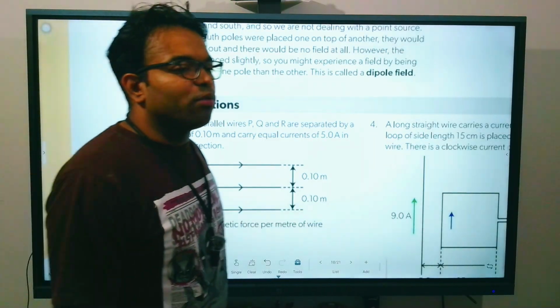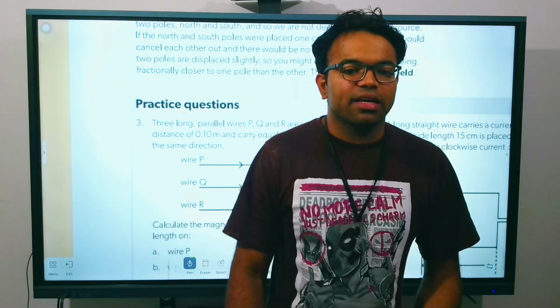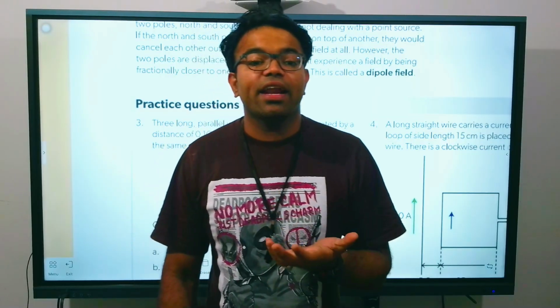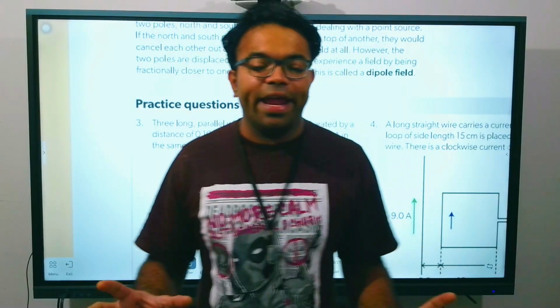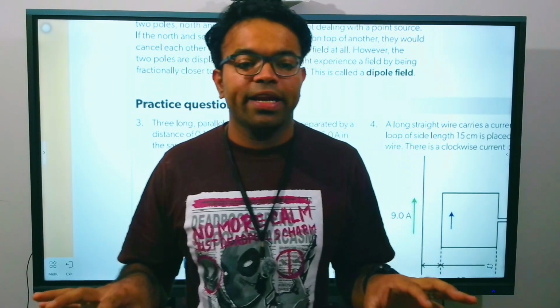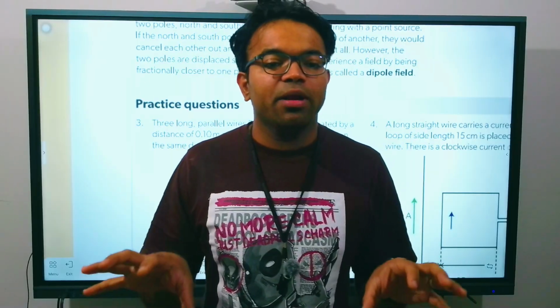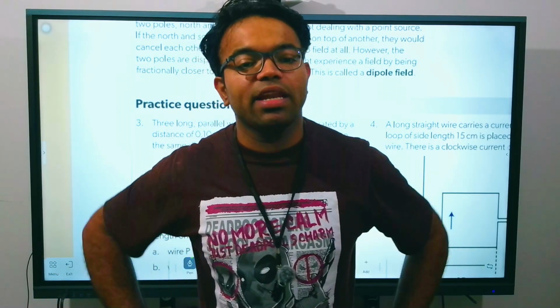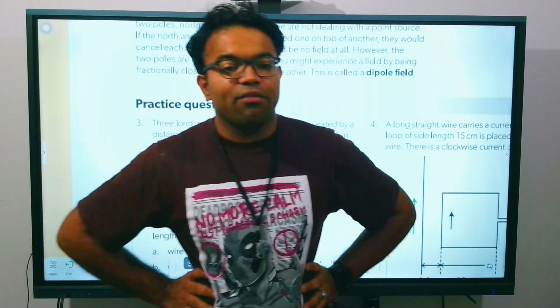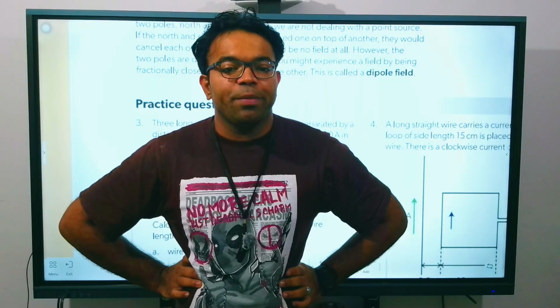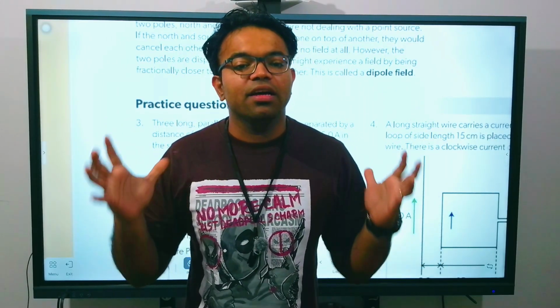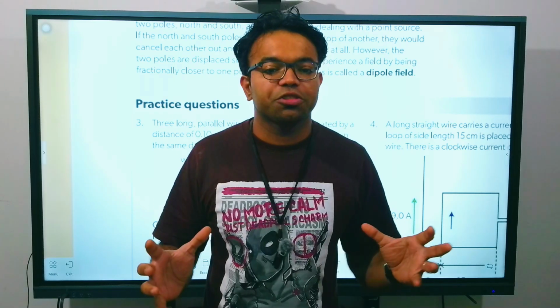What is a dipole? A dipole is basically when there are two poles, two alternate ends separated by a certain distance. For example, you can have an electric dipole, where you have a positive charge and a negative charge placed a certain distance away from each other, both having the same magnitude of charge.